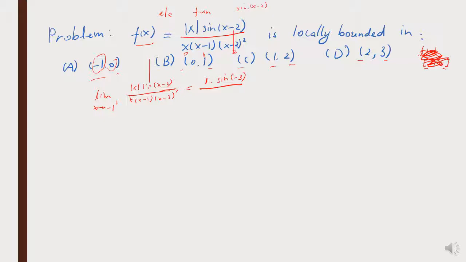Don't be scared, you don't need a calculator here because it doesn't matter. You don't have to find the specific value. On the denominator, x is almost -1, and x minus 1 gives us -2, then x minus 2 gives us -3, and -3 squared gives us positive 9.